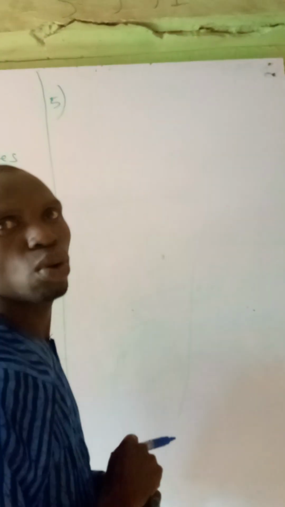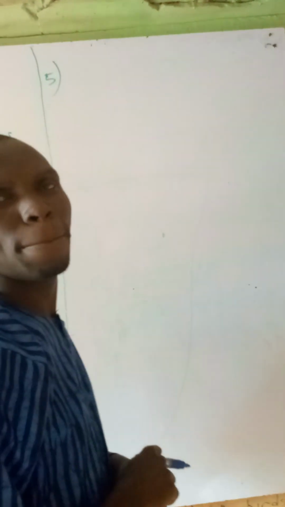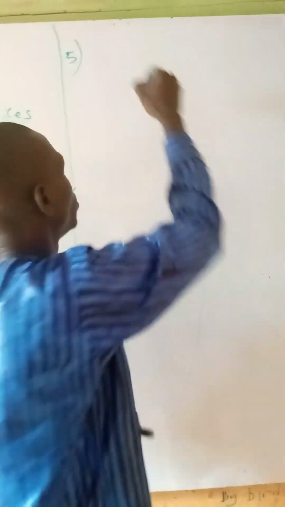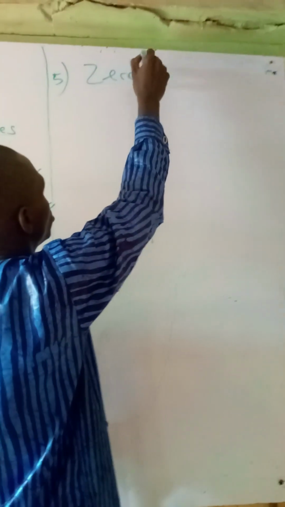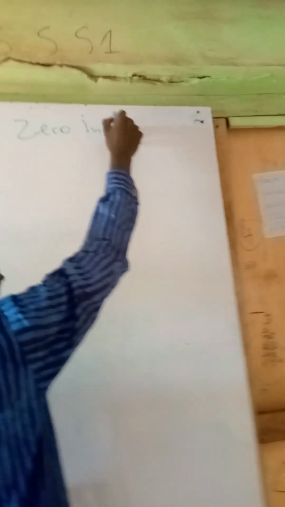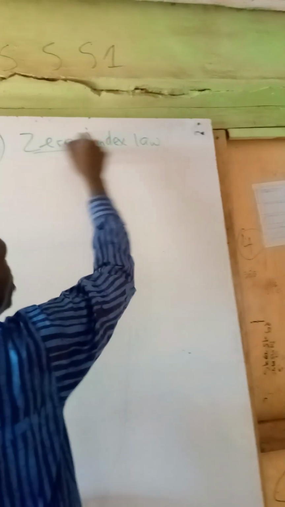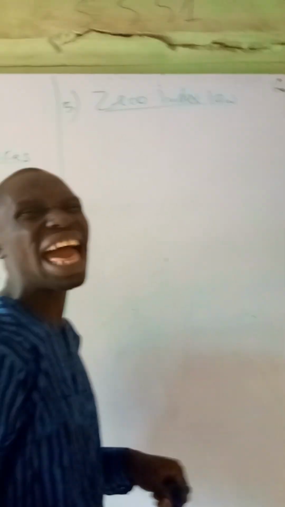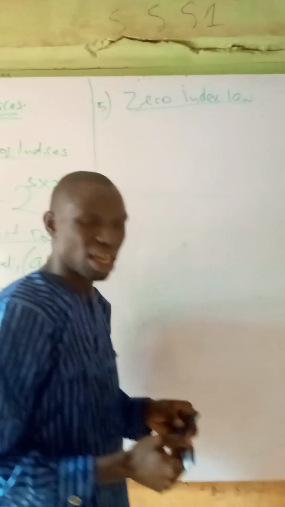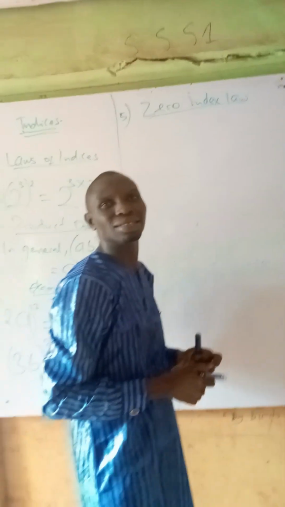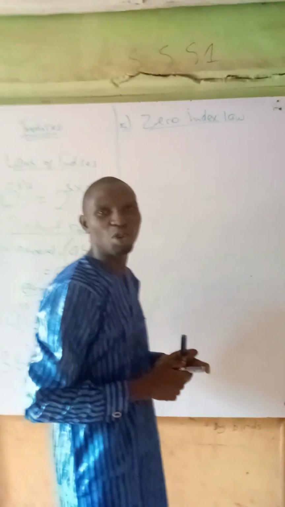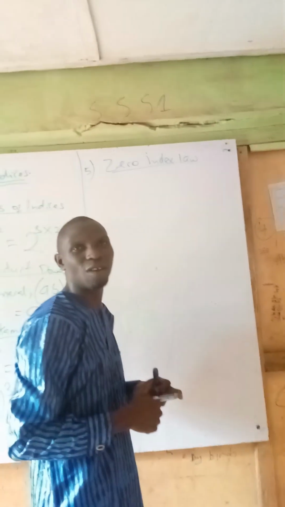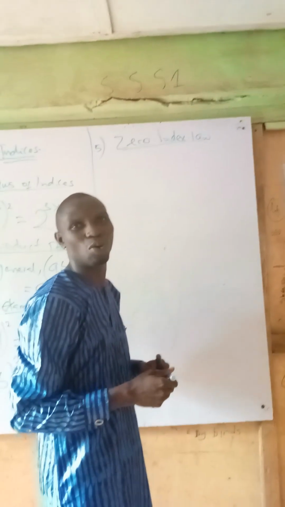Now let's go to the next law. The next law is the zero index law. This law is telling us that any number raised to the power of 0 will always equal 1.